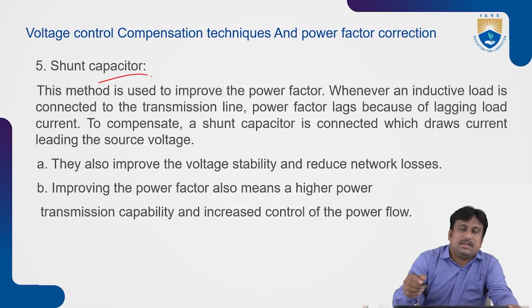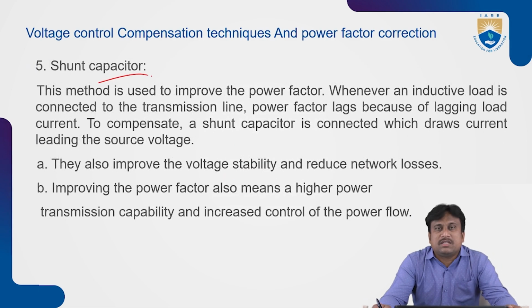Coming to shunt capacitors, this method is usually used to improve the power factor of the system. Whenever an inductive load is connected to the transmission line, the power factor lags because of the lagging load current.